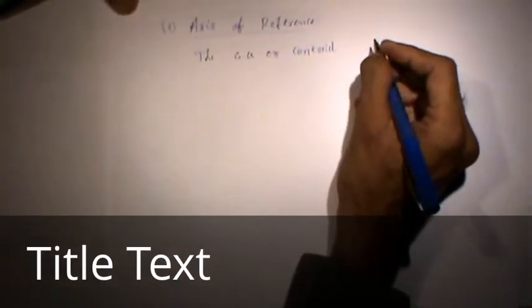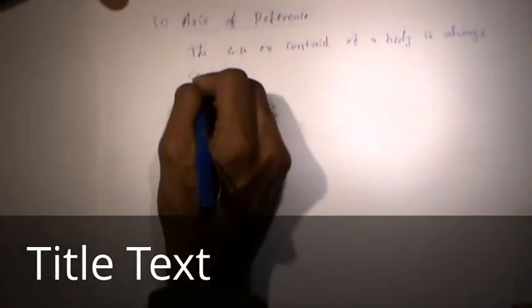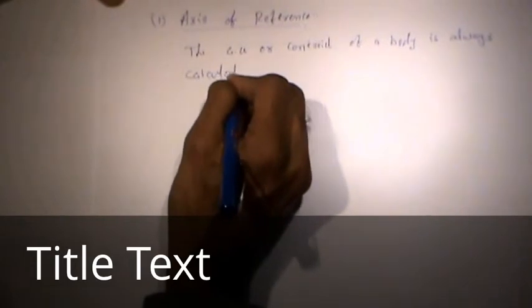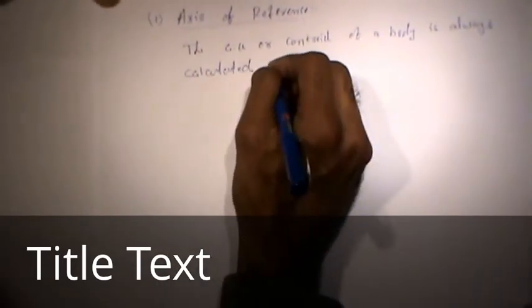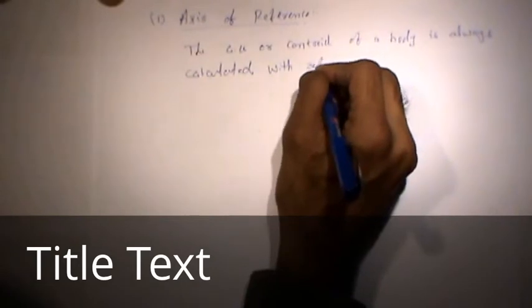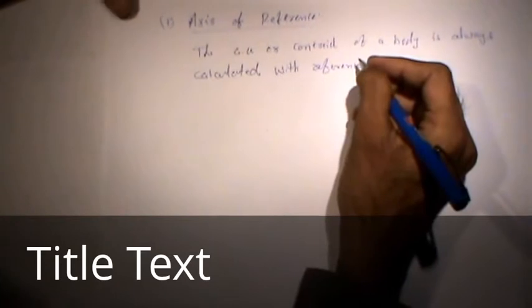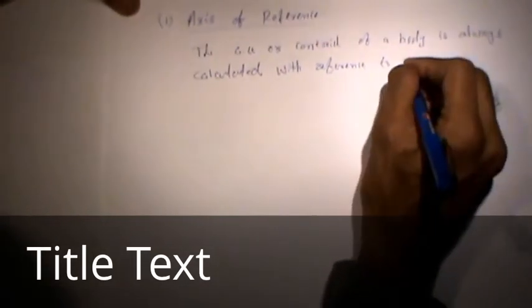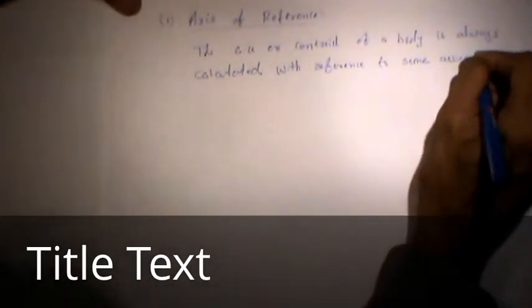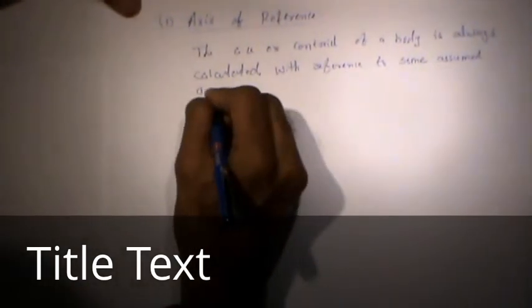The CG and the centroid of a body is always calculated with reference to some assumed axis.